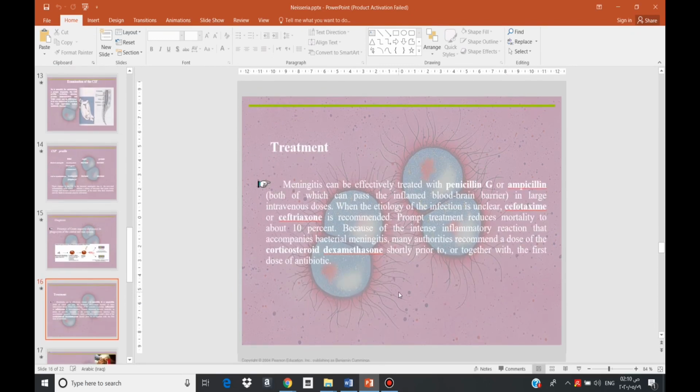The treatment of the Neisseria mainly by the penicillin G, but nowadays we give cefotaxime وسفترياكسون. نلاحظ انه ويا الرجيم of the treatment راح نعطي كورتيكوستيرويد. ليش نعطي كورتيكوستيرويد؟ to decrease the inflammatory reaction اللي تسبب البكتيريا during pathogenesis of the disease.